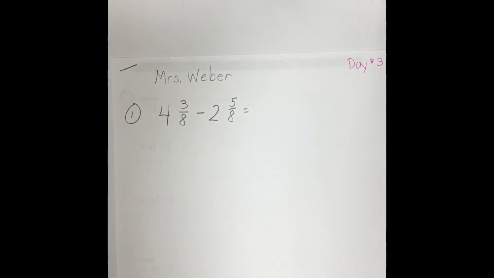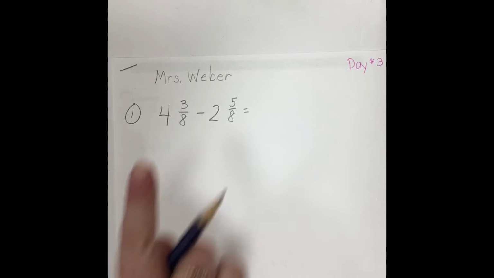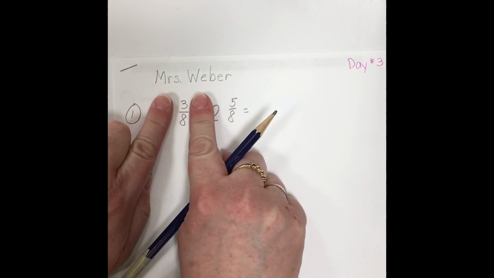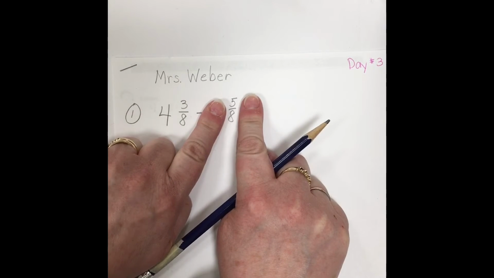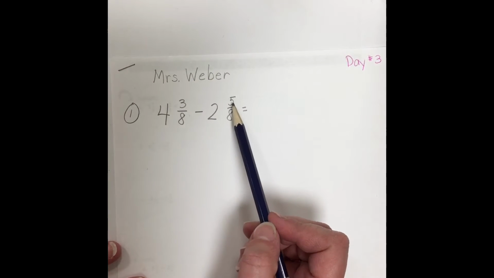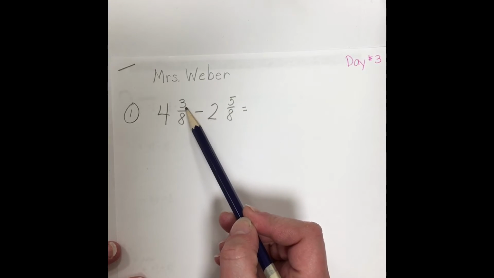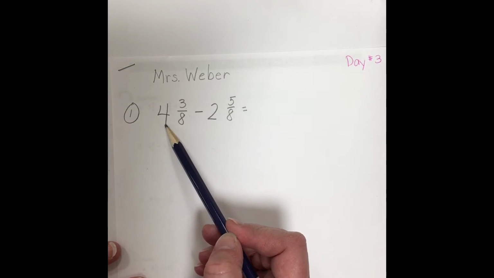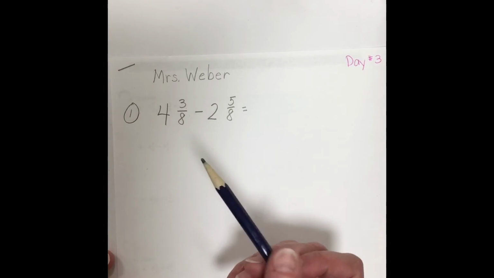Now, when you're looking at this, you've learned that you have to do apples with apples, oranges with oranges. So we've got ones with ones and eighths with eighths. But when you look, you can see that we cannot subtract 5 from 3. So we're going to have to use our ones and do some regrouping.